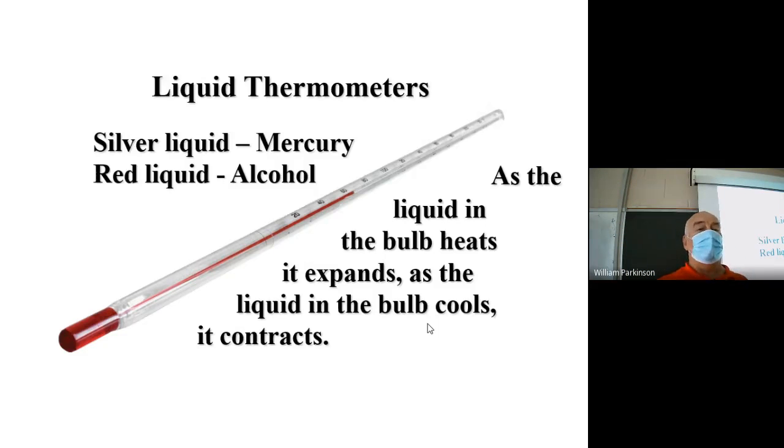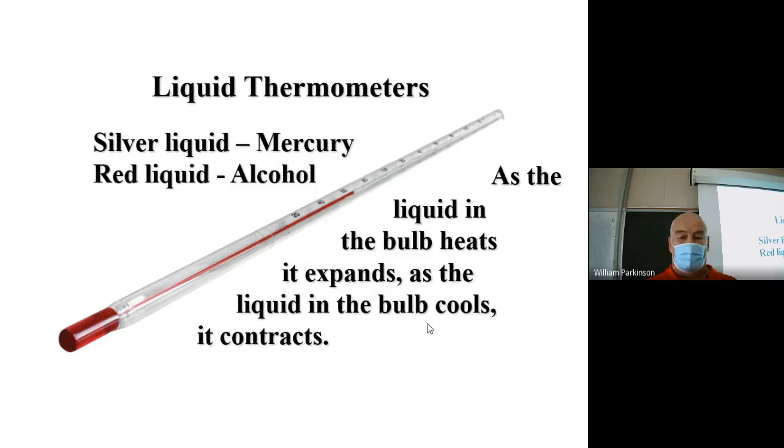So as you heat the liquid in the thermometer, the atoms and molecules in the liquid bounce and jump and bounce and spread out apart from one another. So you can begin to mark off the spread and count that as the temperature of the sample.